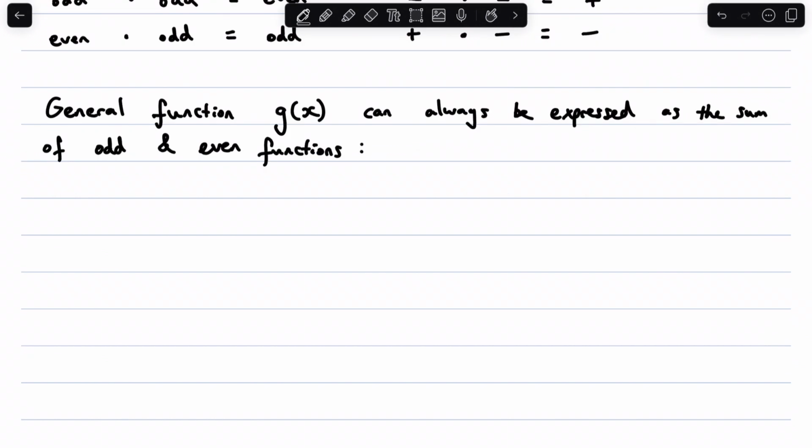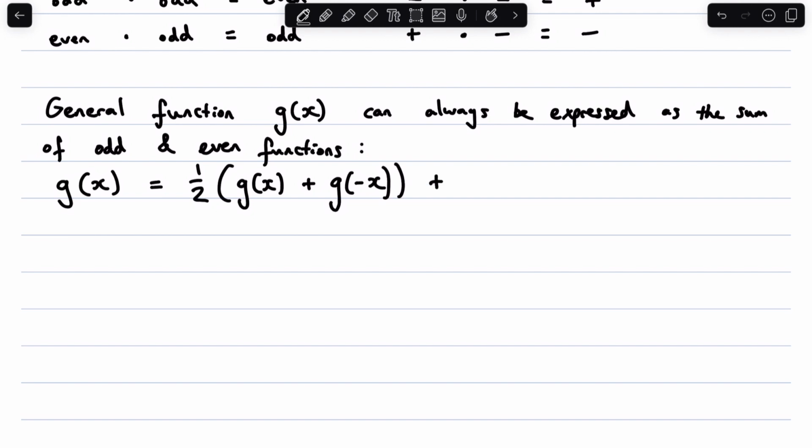A general function g of x can always be expressed as the sum of odd and even functions, and we can see this by considering splitting g of x into a half g of x plus g of minus x, plus a half g of x minus g of minus x.